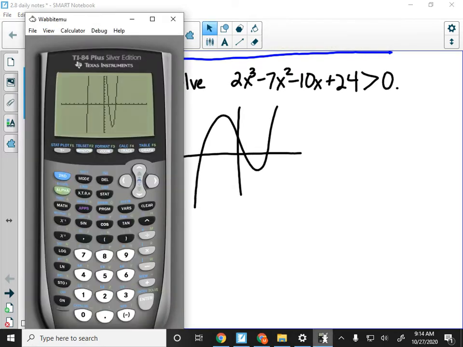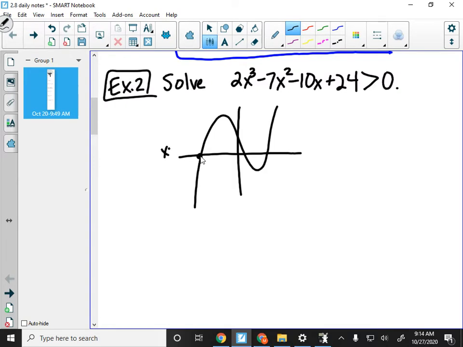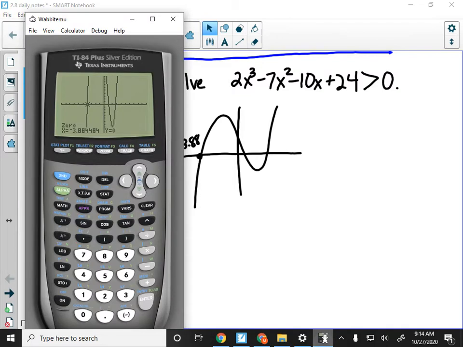What I'm going to do is I'm going to find the 0. So I'm going to hit second, calculate 0, option 2. I'm going to go to the left of this first one. Go to the right, hit enter, and it tells me my first 0 is at about negative 3.88. And then I'm going to repeat that process. Second, calculate 0.